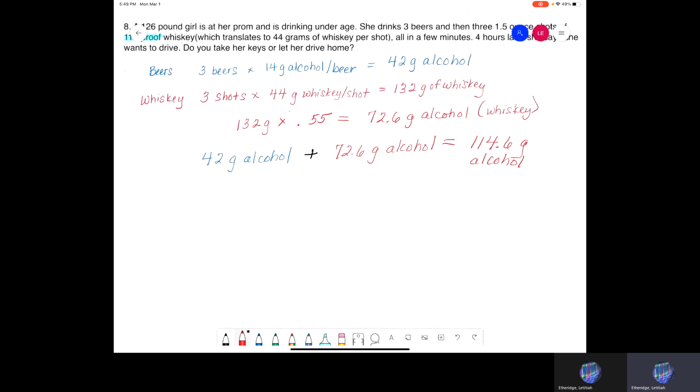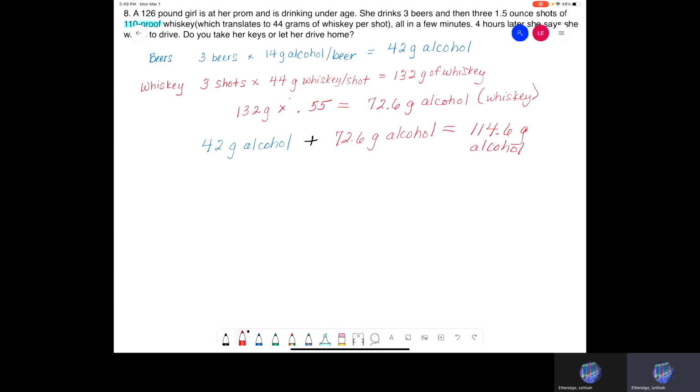Okay, so now the next step is to calculate her BAC. We're going to use that original equation. BAC is going to equal, now my grams of alcohol are going to be the total that I calculated. Now I need to calculate her weight in grams. It is 126 pounds, and there are 454 grams in 1 pound.